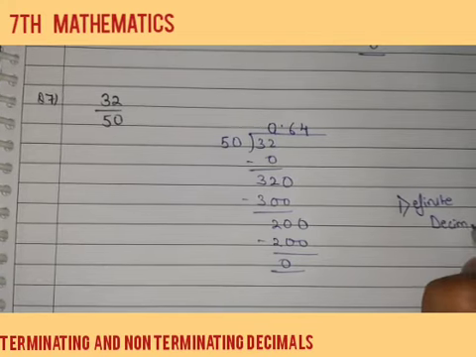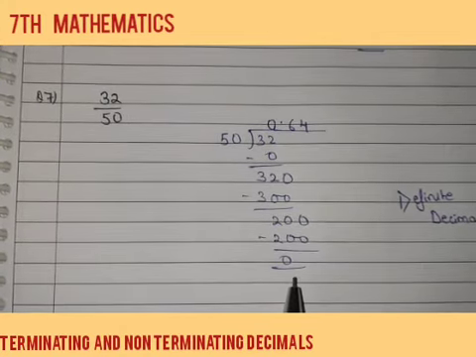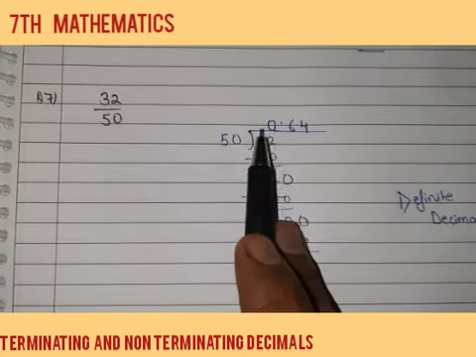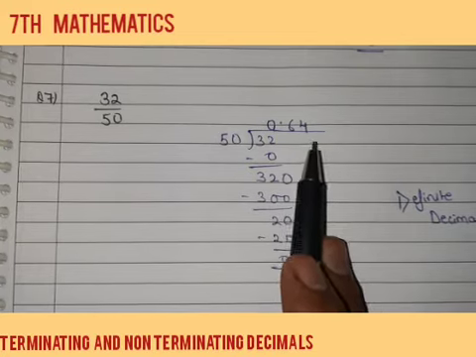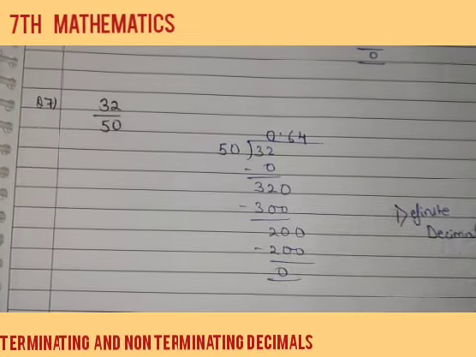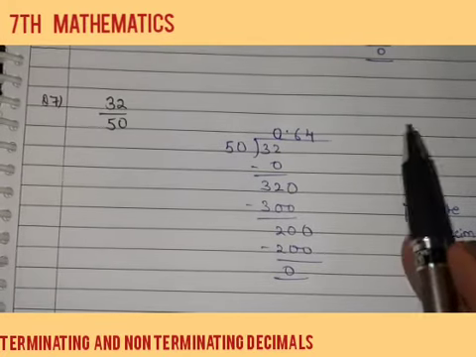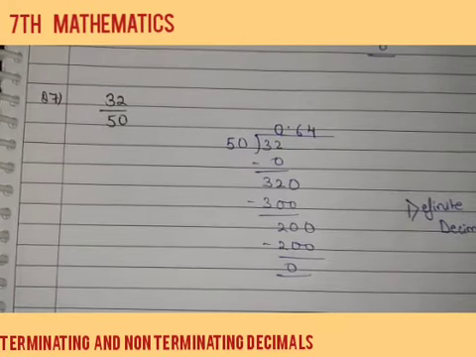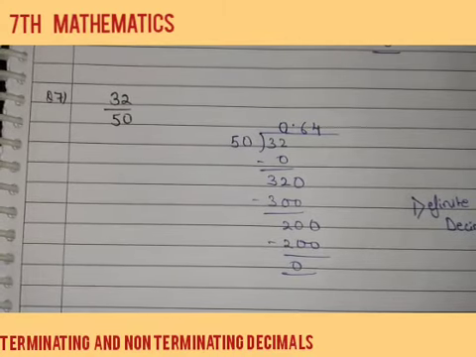That means it is a definite decimal representation. Why? Because the remainder is coming 0 and the number is ending at a definite value. For example, if it would have been 0.64893 and the digits are going on and it is not coming to an end, it would be an example of non-definite.